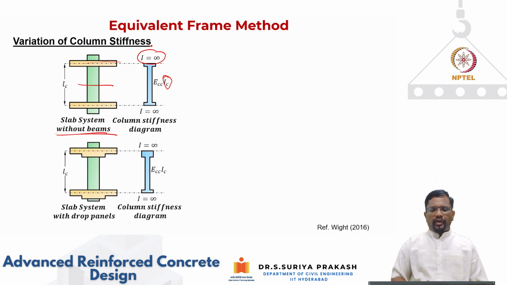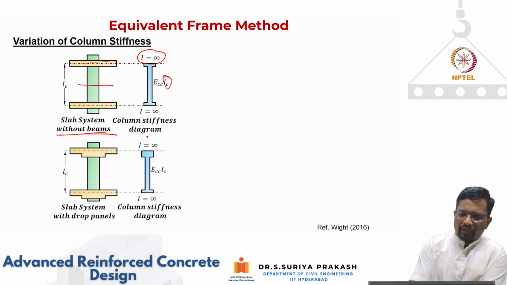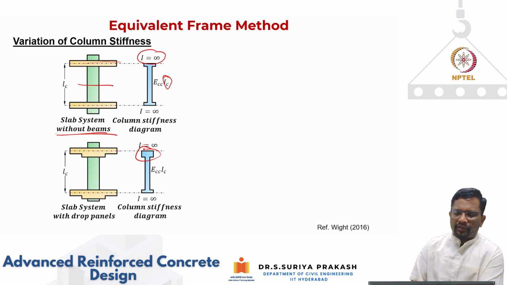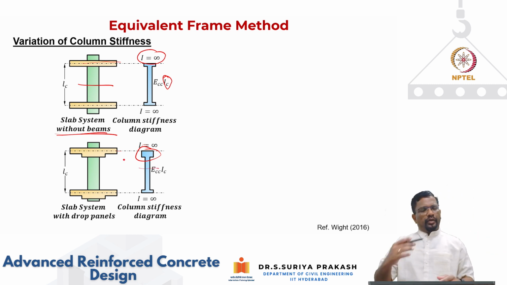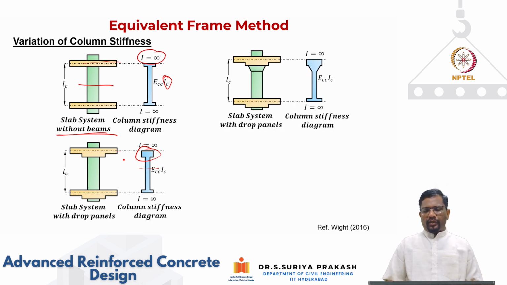Now the same thing, when I have a slab system with a drop panel: it's going to be infinity above this drop location, and wherever the drop panel is, that is also going to act. So it's going to have some increased stiffness, and then you have the column stiffness. So there is again an increase in stiffness as you go along the length of the column.